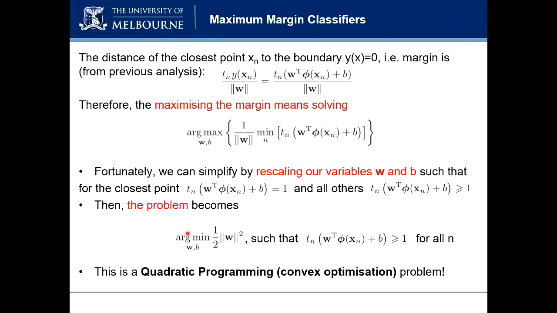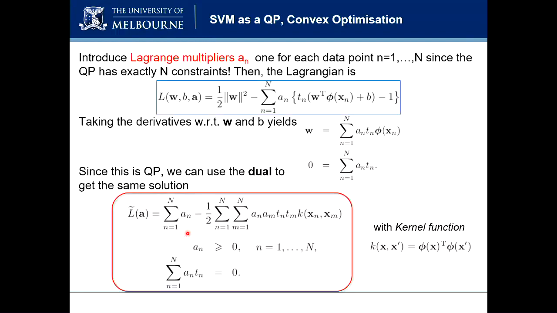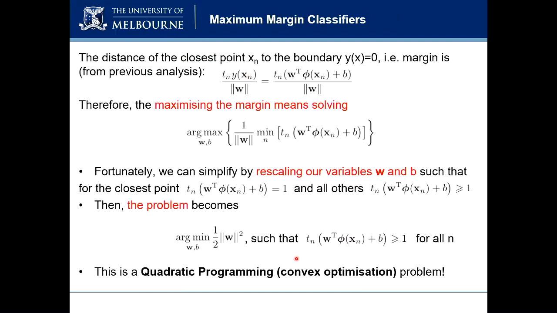Now we introduce the Lagrange multipliers and write the Lagrangian. In this case, let's call the Lagrange multipliers not lambda, but a. I'm following Bishop's notation, which is useful because if you go and read the book, you don't have to translate. We have one for each data point, because we have as many constraints as data points.